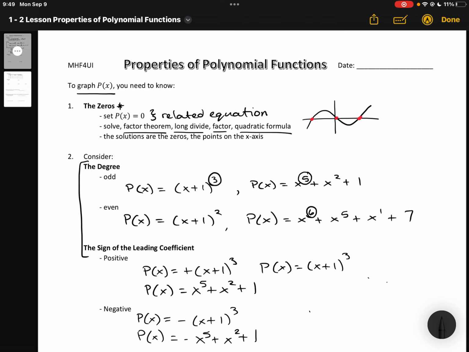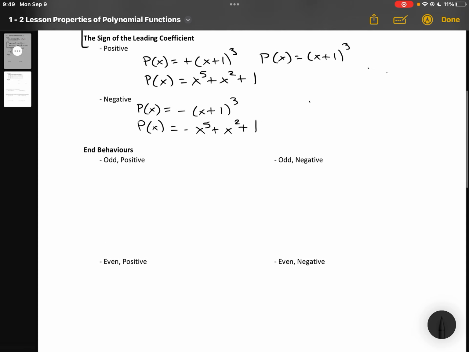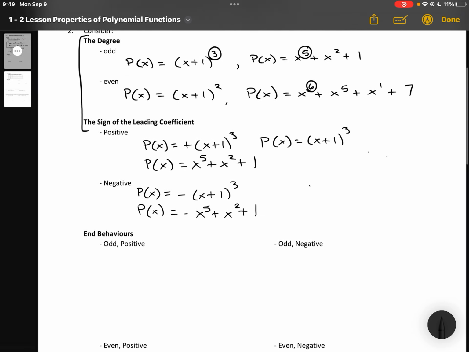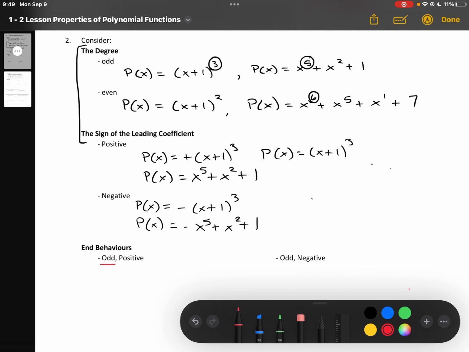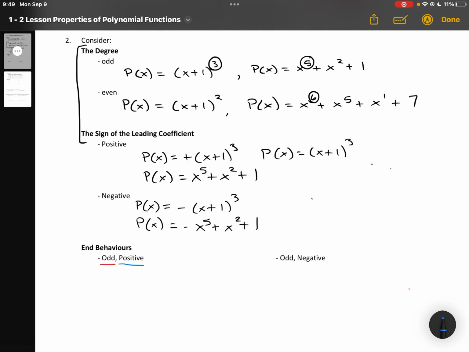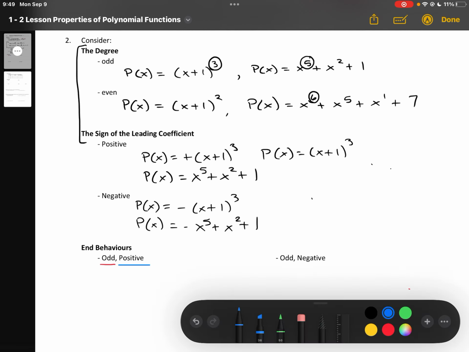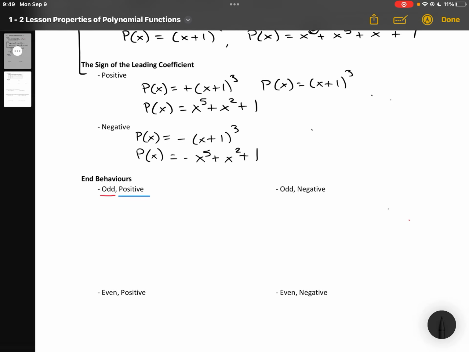So if you have an odd degree polynomial and a positive leading coefficient, then your end behaviors are going to look like this. So it's going to finish to the right and looks like it's coming from the left.